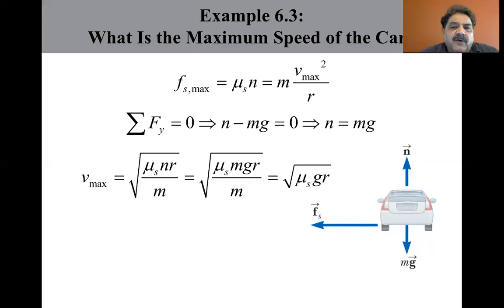If we solve for v, we get the square root of mu sub s, the coefficient of static friction, times the normal times the radius divided by the mass. Well, the normal is mg, so we end up with mu sub s mg times r divided by m. Well, the m's cancel, and so the v max is equal to the square root of mu sub s g r.